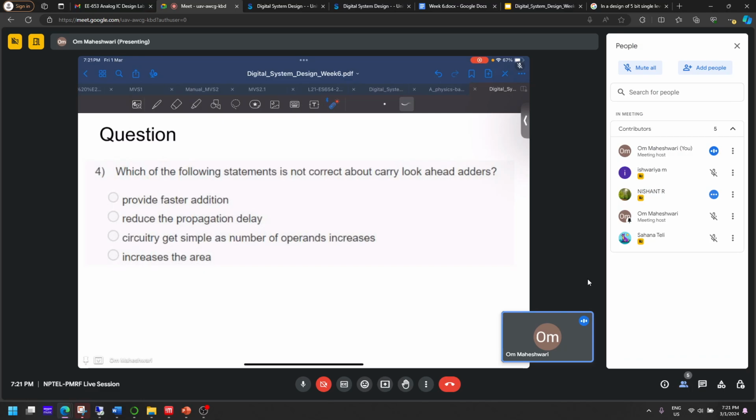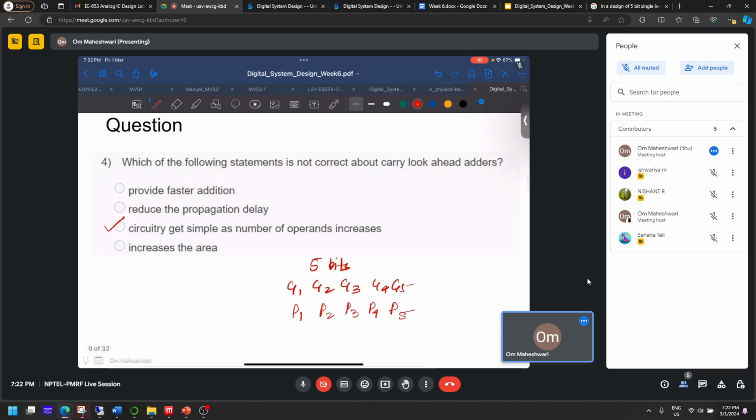C. Yes. So if you remember, for carry, just for carry, if you have 5 bits, we will have G1, G2, G3, G4, G5, 5 generation and 5 propagation. So it gets seriously complex as the number of operands increases.